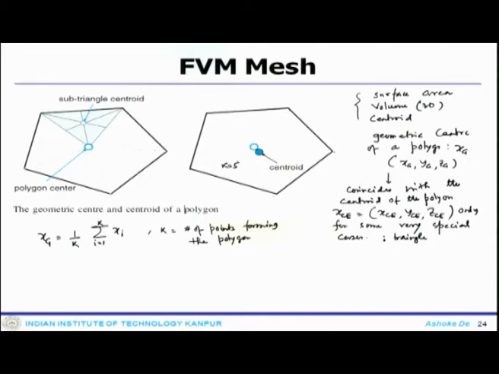Okay. So, for the geometric center, if you look at this, you can have multiple triangles sitting there. This is the one which we have connected with lines, and you have multiple sub triangles, and each sub triangle will have a centroid.